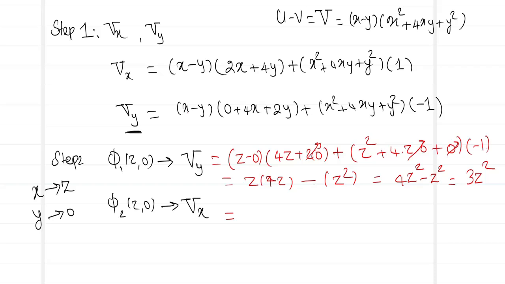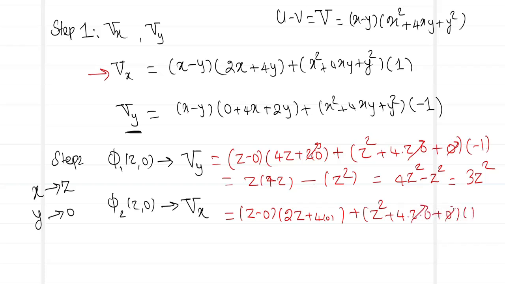What is my phi 2? Phi 2 is in v_x, you replace with z comma 0. So we will begin. Z minus 0 into 2 times z plus 4 into 0, plus the next term z square plus 4 into z into 0, plus 0 into 1.